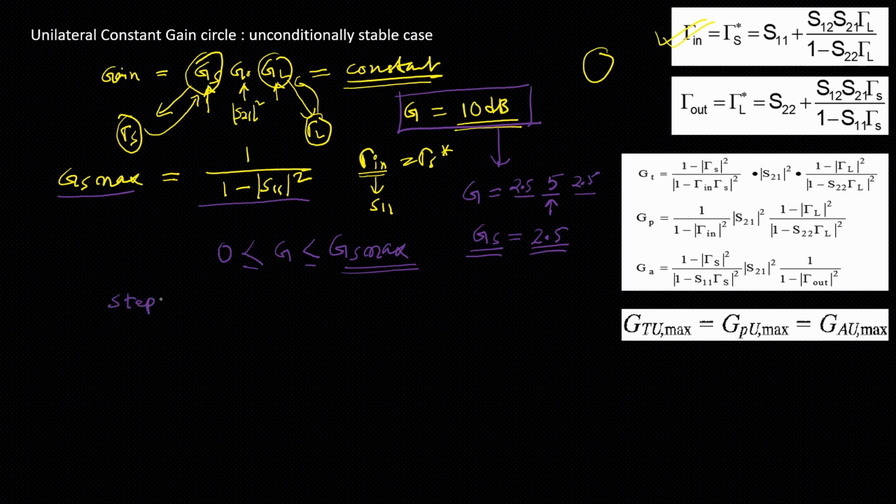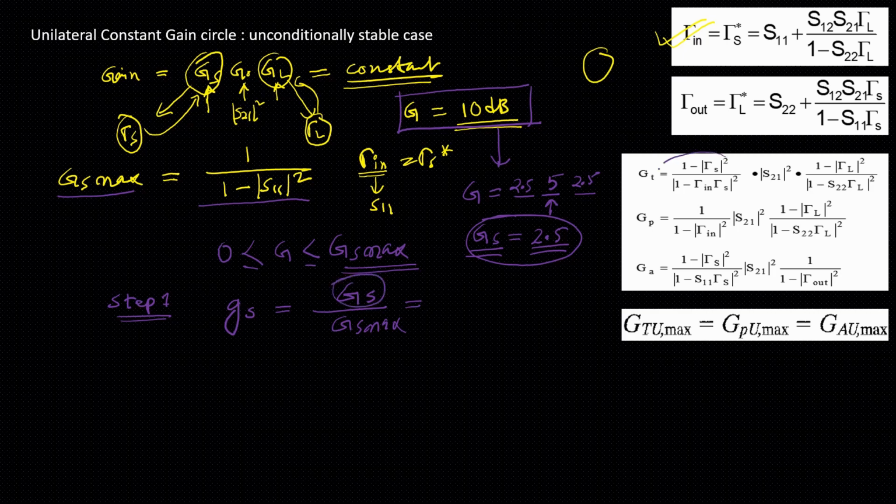So in step 1, we'll define the normalized gain, the source part gain, GS gain, and it would be the given gain that I need to realize divided by GS max.